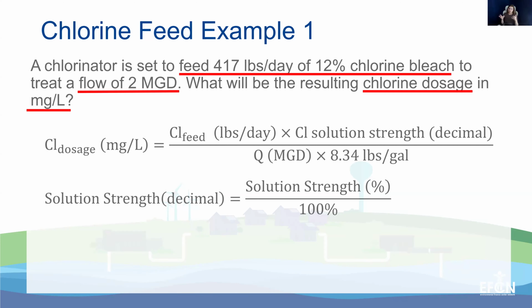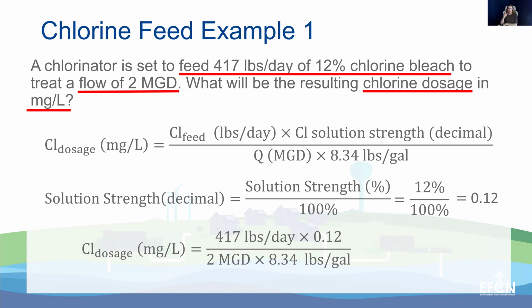Now we do, again, need to make sure our solution strength is in the correct units. I asked for it in the decimal units. So we would divide my 12% by my 100%, and that would equal my 0.12. So again, I canceled out the percentage sign and I don't need it anymore.